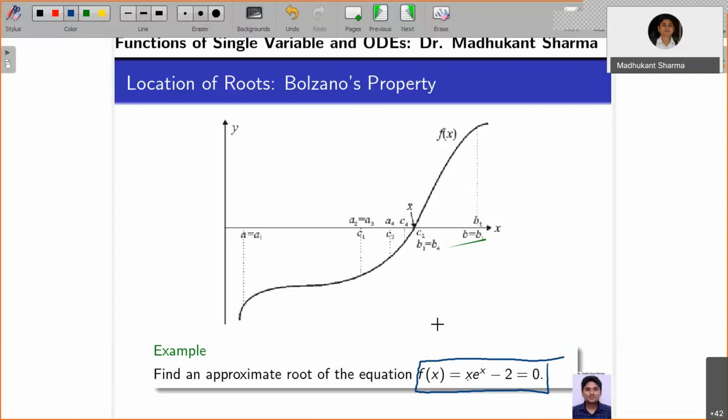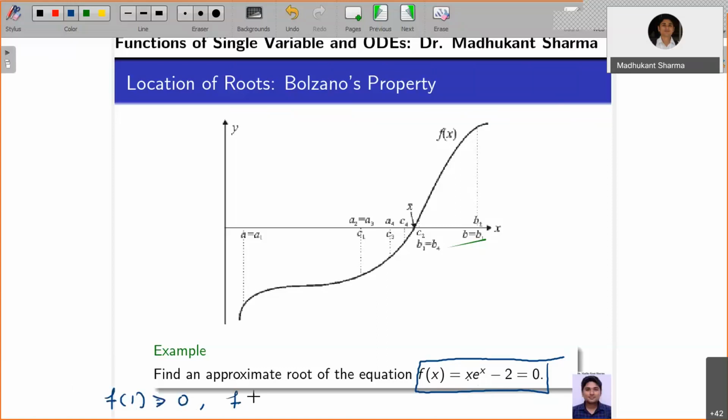Then you take the insight of the graph as well. You know that e to the power 1 is 2.7, and e to the power x minus 2. So if you take x equals 1, you will have f of 1 is something like 2.7 minus 2, so that's certainly greater than 0.